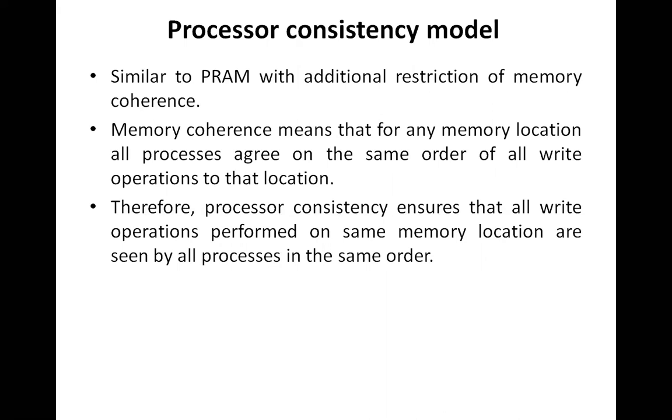The meaning is very simple. In processor consistency, both of the remaining processors, P3 and P4, must see the write operations in the same order. Either it will be W11, W12, W21, W22, or it may be W21, W22, W11, W12. So this is about the processor consistency model.